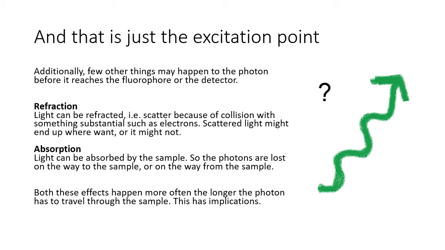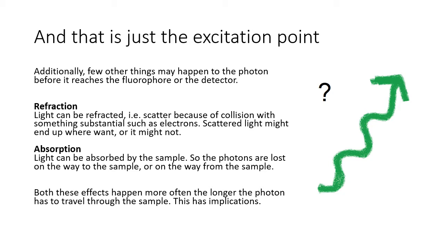And that is just the excitation point. Additionally, some other things can happen to a photon before it reaches your sample or comes back to your detector. So there's a problem called refraction. So light has a nasty tendency to bounce off from hard stuff it hits. So instead of exciting an electron, your photon might hit one and bounce off. And this scattered light might end up where we want it to go, or it might not.